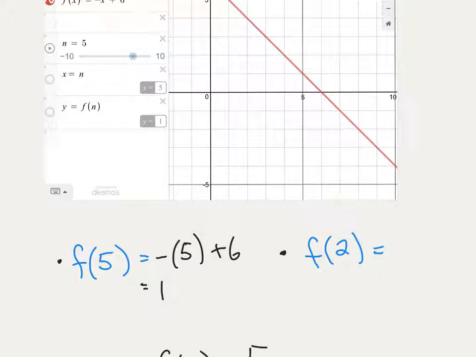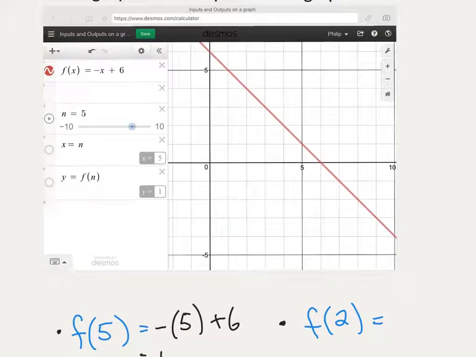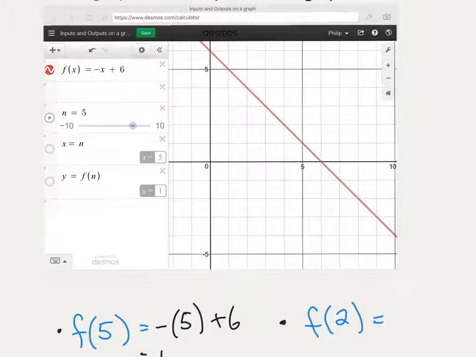But how do we see that on a graph? If I wanted to do it graphically, what could I do? First I'm going to draw in this green line at x equals 5. This green line represents all of the possible y values when I have an input of 5.